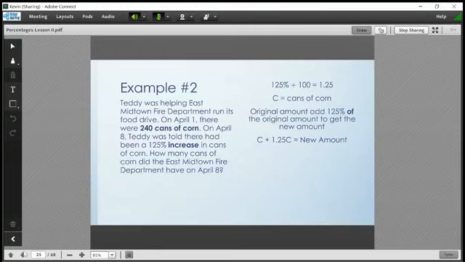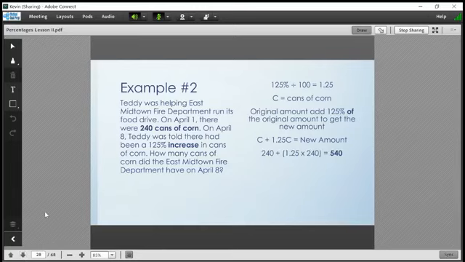So by taking the original amount, which I know is 240, I'm going to add 125%, which I've decimalized as 1.25, of the 240. So algebraically, mathematically, this is going to be represented as 240 plus 1.25 times 240. And what I'm going to end up with now is 540.